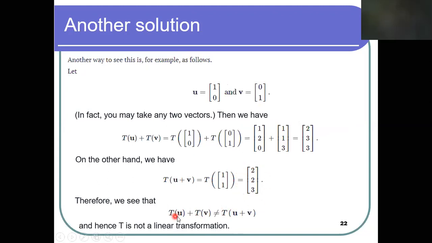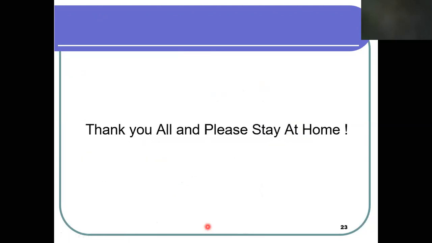So in that case T(u) plus T(v) is not equal to T(u plus v). With the help of the fundamental definition given in slide number 3, we can use this definition of linear transformation to conclude that T is not a linear transformation.